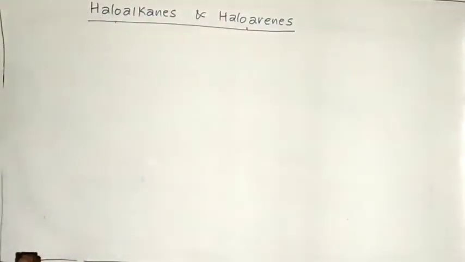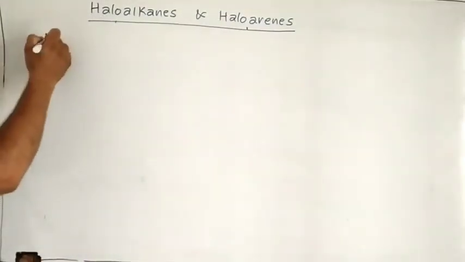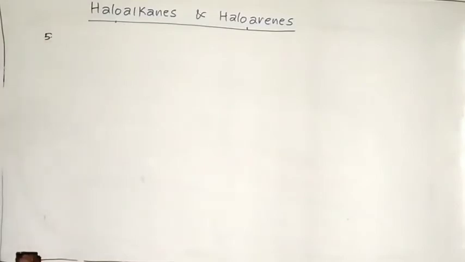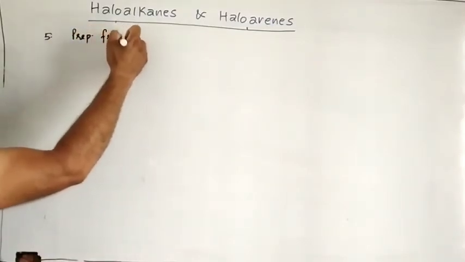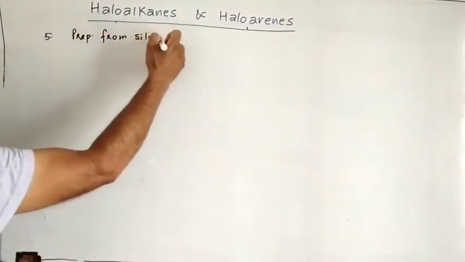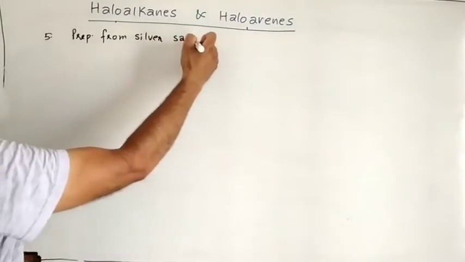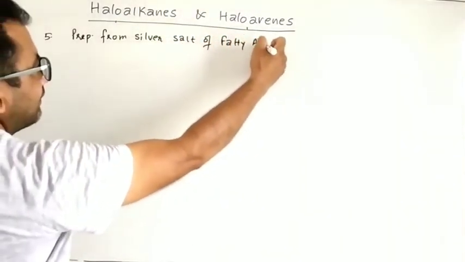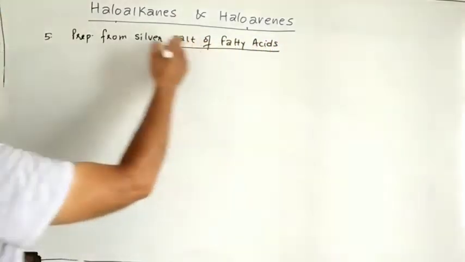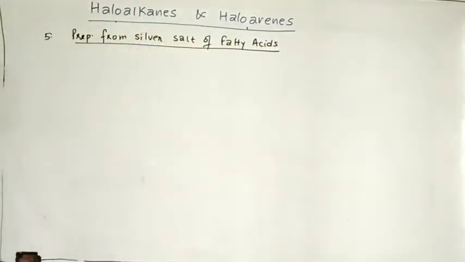Fifth point, and last, is preparation from silver salt of fatty acid. Silver salt of fatty acids.